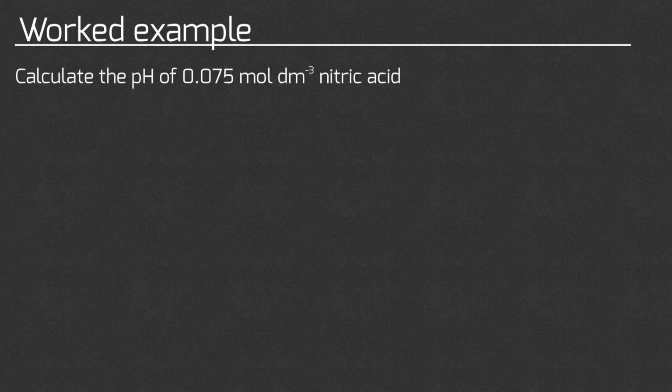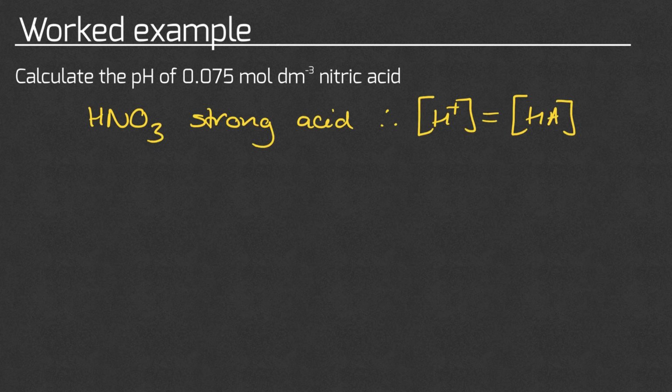In this example, we need to calculate the pH of a 0.075 moles per decimeter cubed sample of nitric acid. Nitric acid is a strong acid, so therefore the concentration of the hydrogen ions will equal the concentration of the acid. So the concentration of H plus will be 0.075.